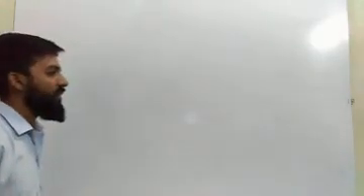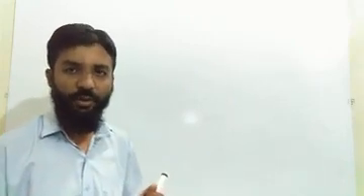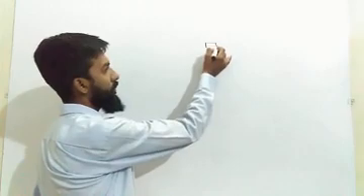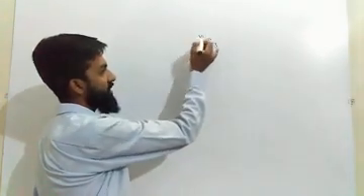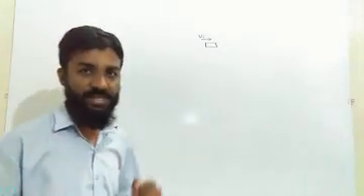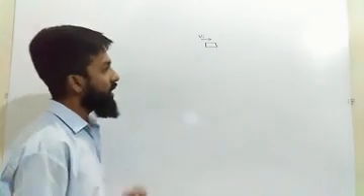Today our topic is the first equation of motion. So let's start. Consider a body starting with the initial velocity Vi. Vi means initial velocity.